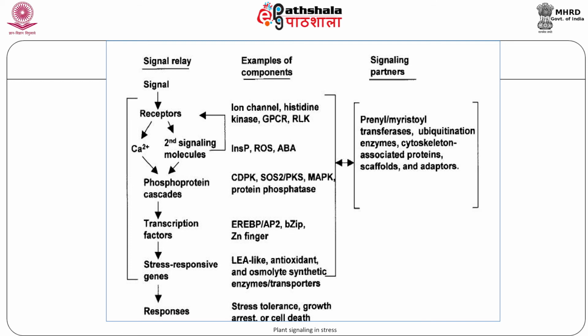Secondary signaling molecules can cause receptor mediated calcium ion release, which is indicated by the feedback arrow. Examples of signaling partners that modulate the main pathway are also shown. These partners can be regulated by the main pathways. Signaling can also bypass calcium ion or secondary signaling molecules in early signaling steps.